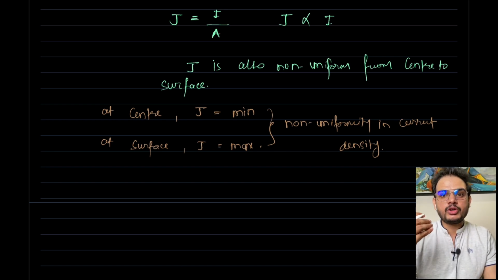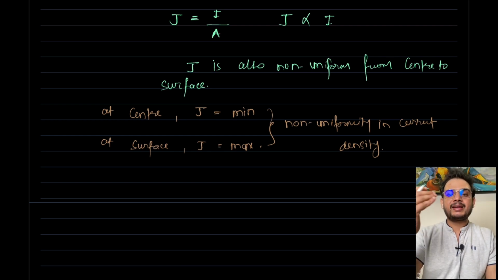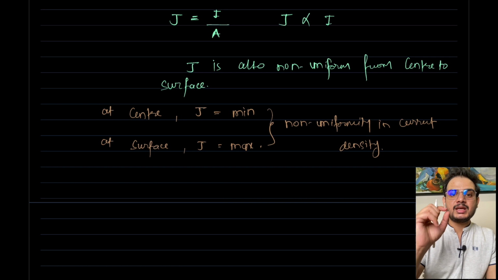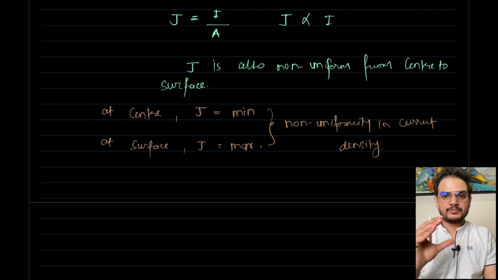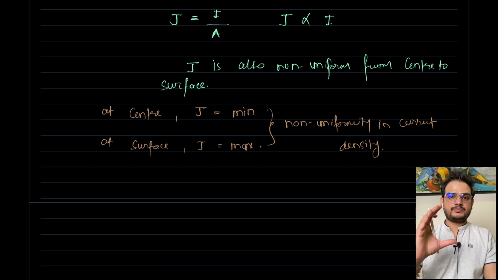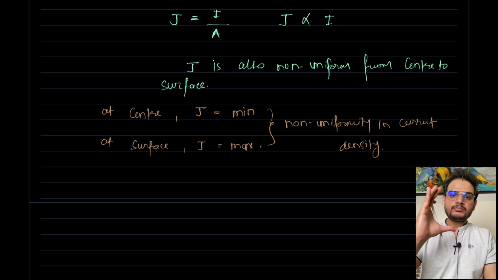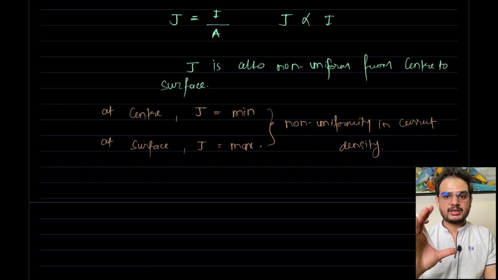Because of that, my inductance is non-uniform, my reactance is non-uniform, my impedance is non-uniform from the center to surface, and my current always chooses the less impedance path, which is available at the surface of the conductor, and at the center my impedance is maximum. That's why current always chooses the surface. It is getting crowded towards the surface. That is the reason my resistance is increasing and my current density is getting non-uniformly distributed because of the skin effect.